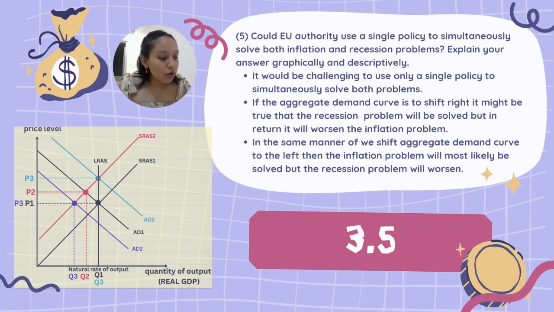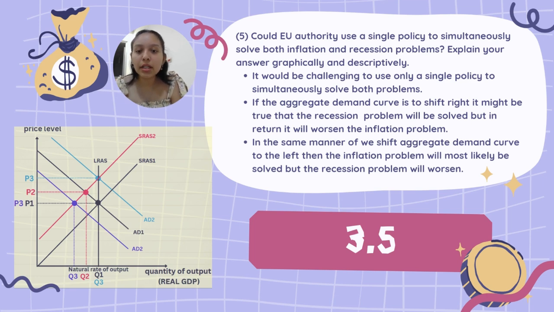Now, if we use the policy for solving the inflation rate, which is reducing government spending and increasing tax, this will shift the aggregate demand curve to the left, which is this dark blue here, from AD1 to AD2 down here. And this will most likely solve the inflation problem, but then again, it will worsen the recession problem, since it might reduce the price back to its normal price from P2 to P1.